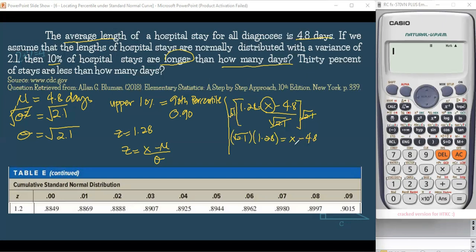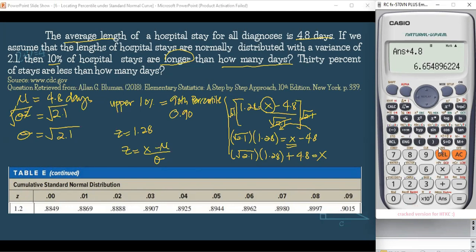Ngayon po, since ang sabi natin si X lang naman kailangan natin, ilipat natin sa kabila. So we have the square root of 2.1 times 1.28 plus 4.8 is equal to X. So using our calculators, diretso na lang po natin calcu. So we have the square root of 2.1 times 1.28 plus 4.8.